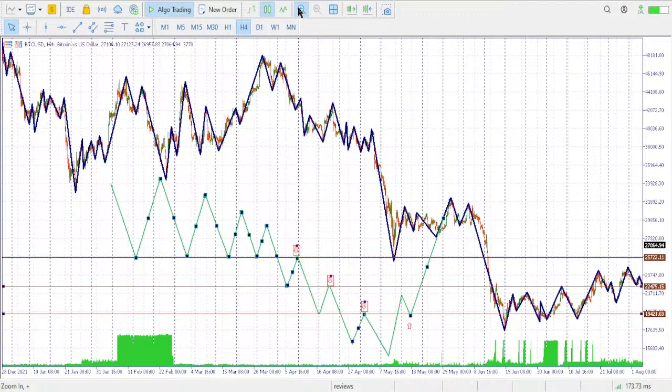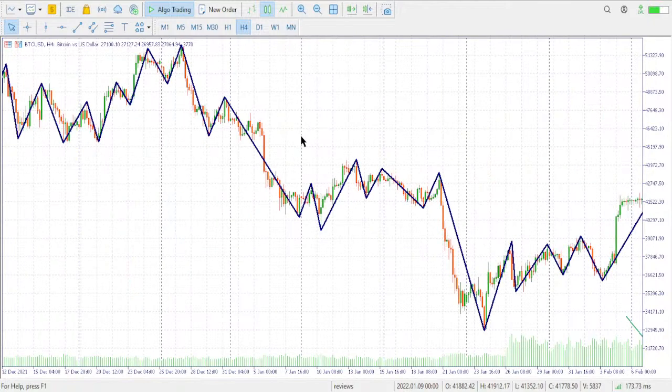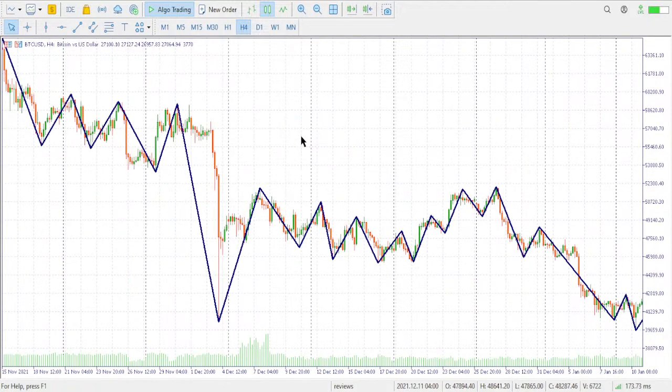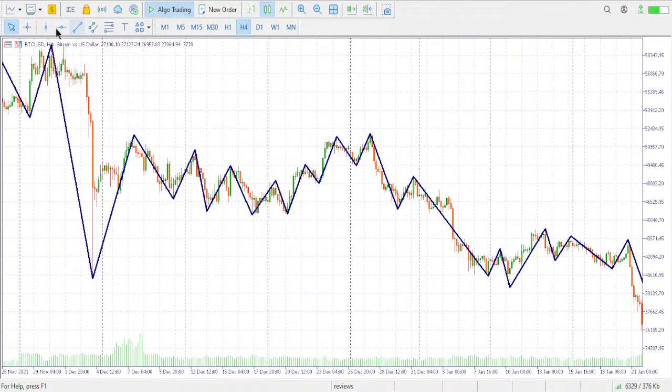So I want us to look at real charts for real actual trades, real setups. It may not be that easy to see, but let me see. I look at this.